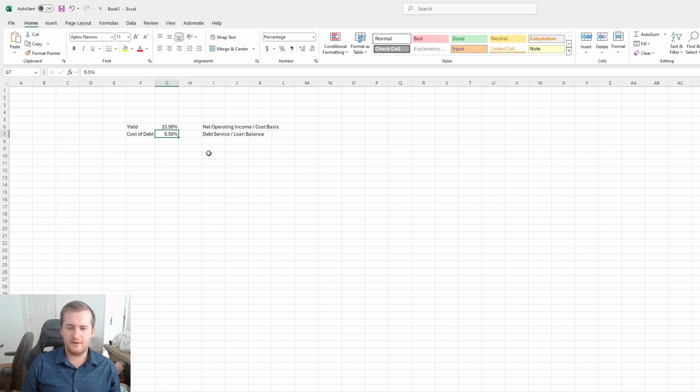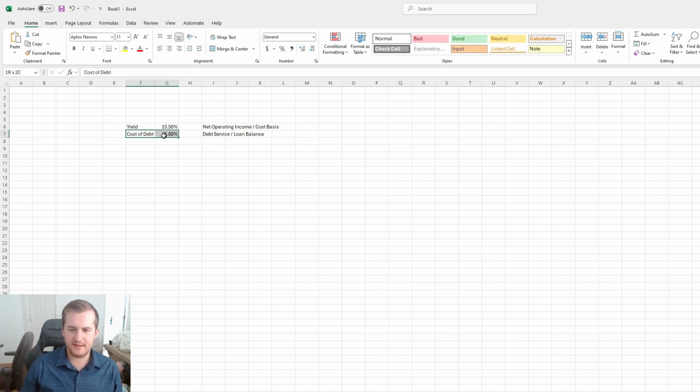However, if this cost of debt was 15%, then your debt costs more than your property's operations are able to service and still generate a positive outcome for you, if that makes sense. So yield should be greater than your cost of debt in order to justify using debt.